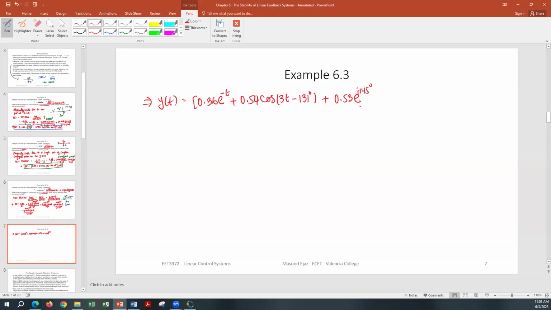So the tangent inverse cancels out, and it comes out to be 1 angle 145 degrees. So anytime in the polar form you are given x angle something, you can write down x e to the power j of that angle. That's why I wrote that over here. We did that in chapter 2 as well.